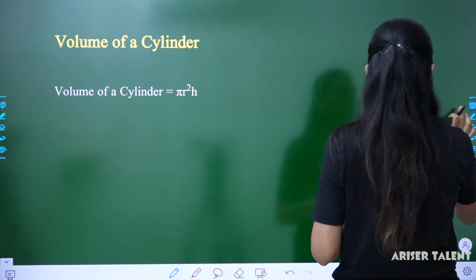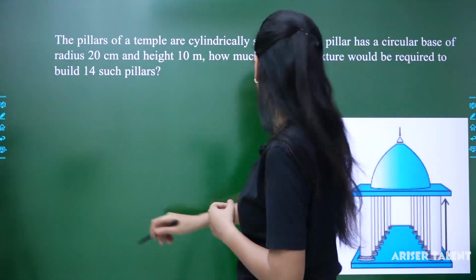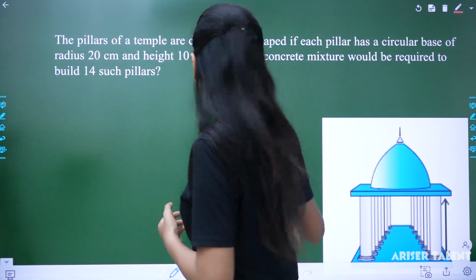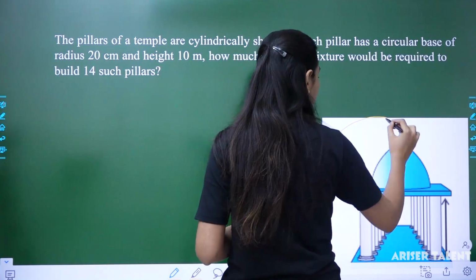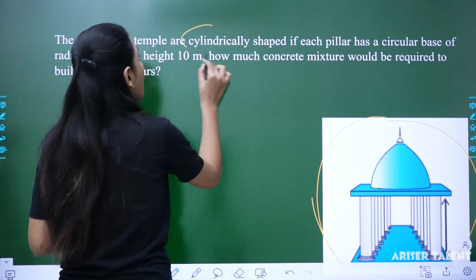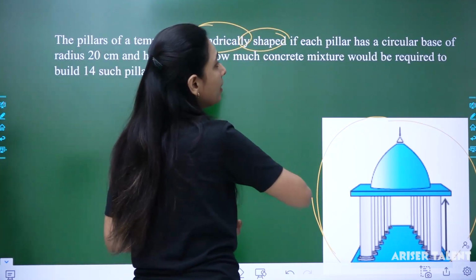Okay, the first question is an example in your book. You have a beautiful temple like this. In this particular temple, you are using cylindrically shaped pillars.